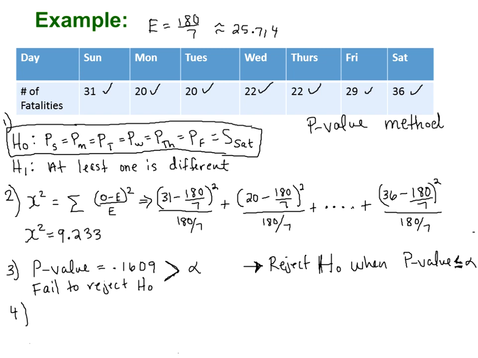So it's not strong enough for us to say that there are more accidents on certain days of the week. There's not enough evidence for us to say that accidents occur with higher frequencies on certain days of the week. We cannot say that. Our evidence is not strong enough.